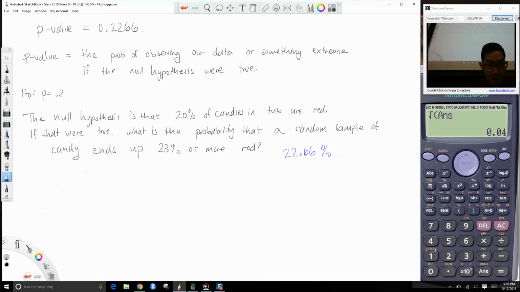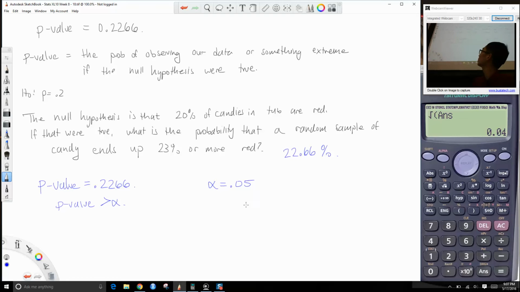So what we say is our p-value is 0.2266. Our significance level was 5%. Alpha was 5%. Remember this from step 2? And you guys were asking what that means. All we do is say our p-value is greater than alpha.